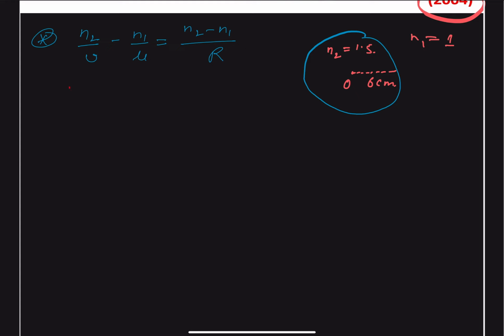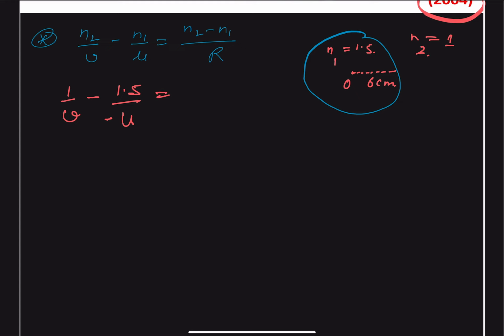We get this as 1 upon V minus 1.5 divided by U. Let me correct: here this should be our N1 and this should be our N2. Okay, now it's correct.